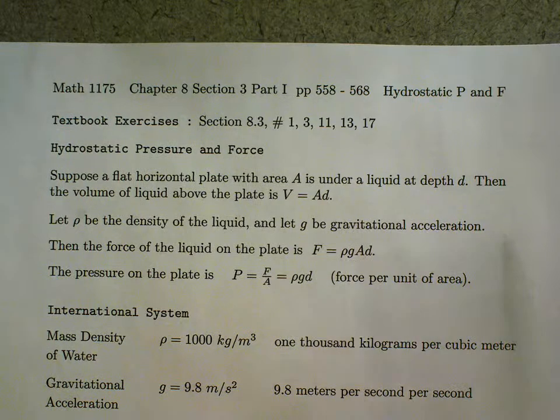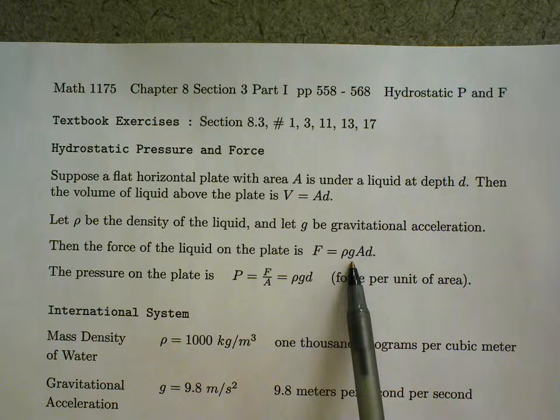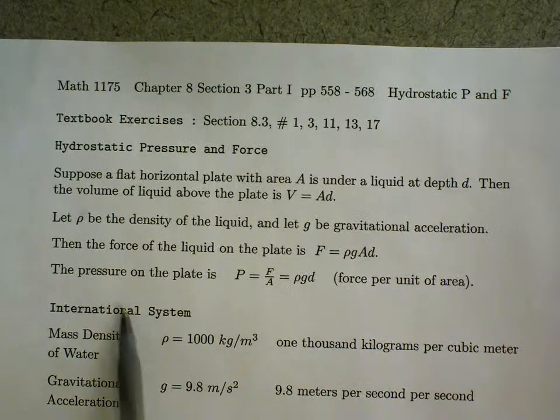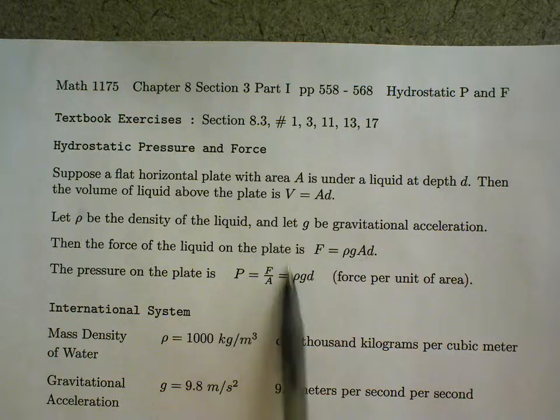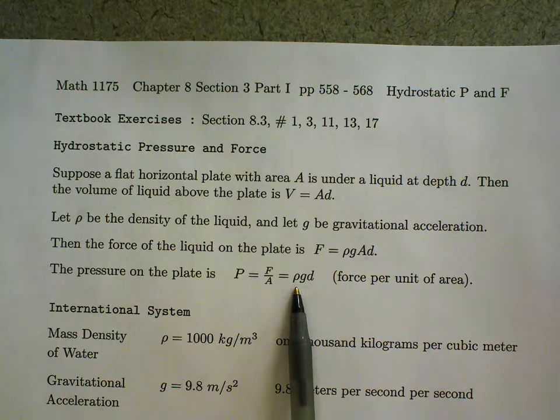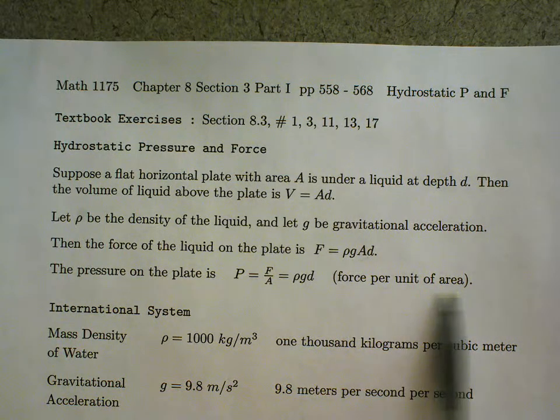So you might remember that force is mass times acceleration. The pressure on the plate, capital P, is equal to the force divided by the area. So that's rho times G times D, and this is just the force per unit area for the pressure.